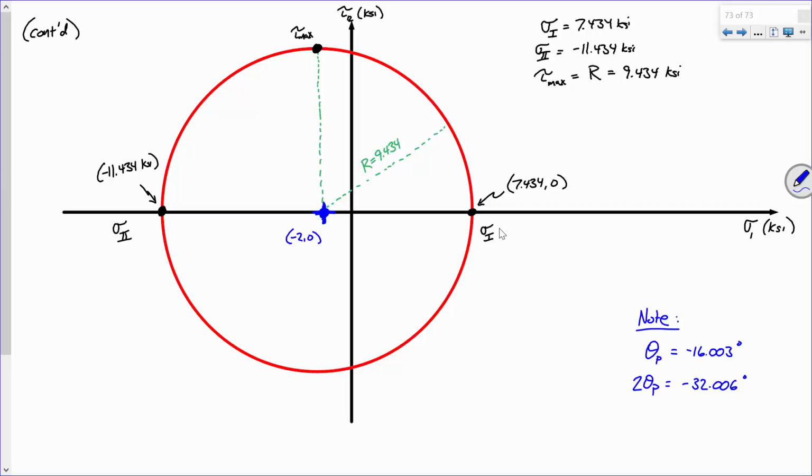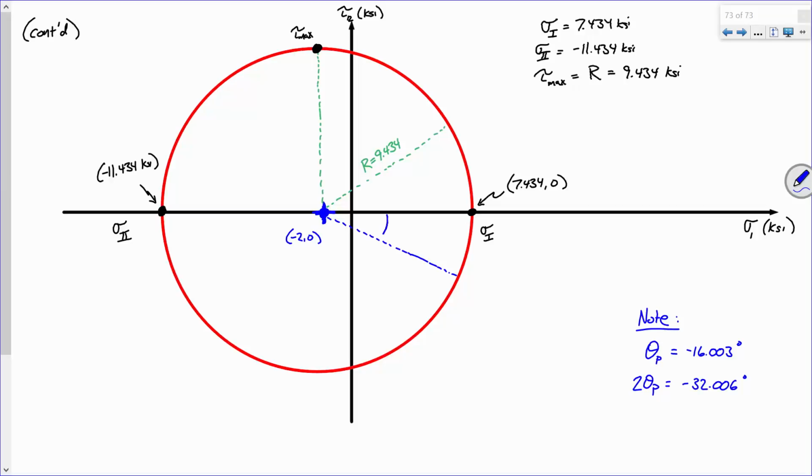This would be negative pi over 2 and negative pi. Y'all remember that? All right. So would you agree that 2 theta is probably going to look something about like this? Something about like that? Right?